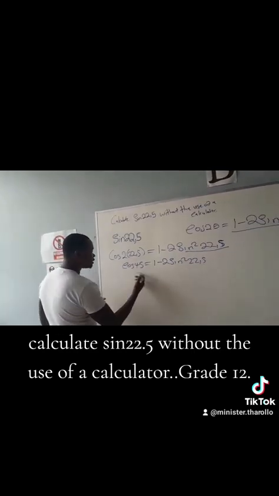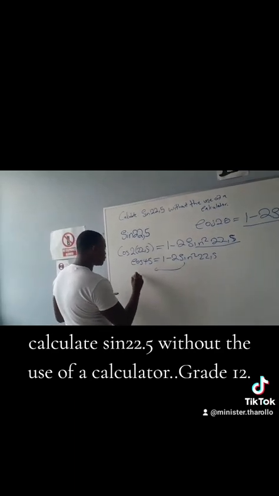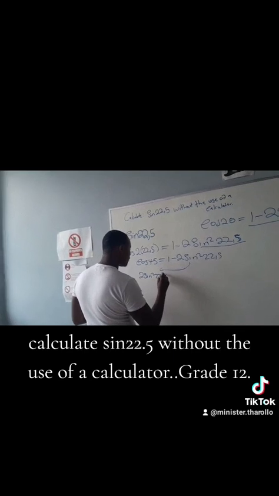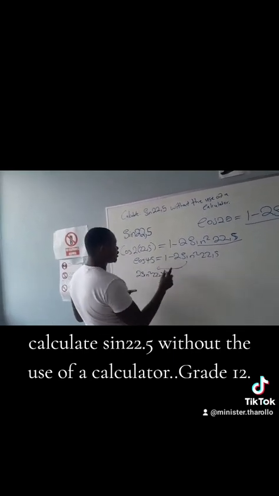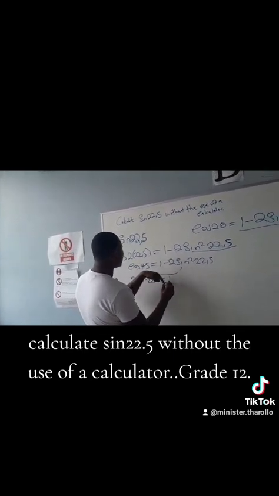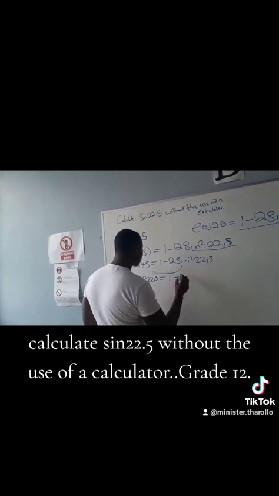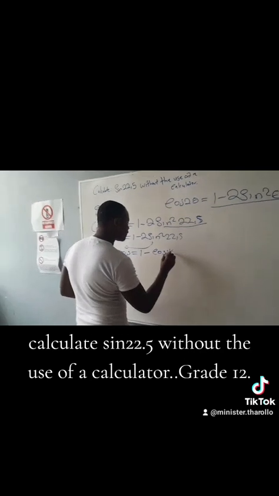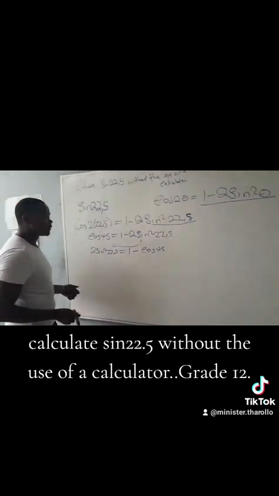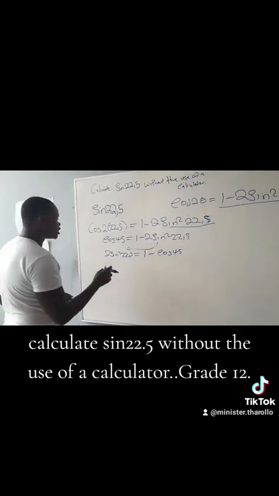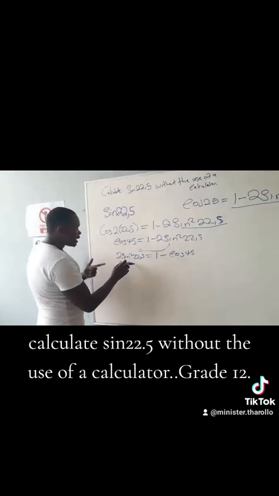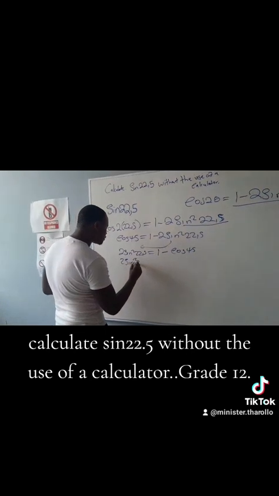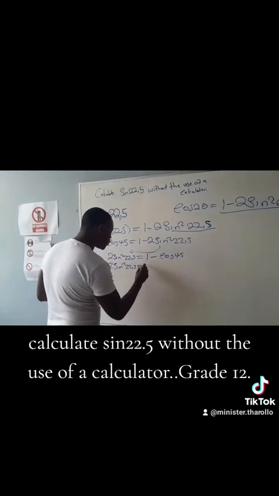I take this to the other side, it becomes positive 2 sin squared 22.5, and I take the 1 across and change its sign, so it equals 1 minus cos 45. We know cos 45 is a special angle.